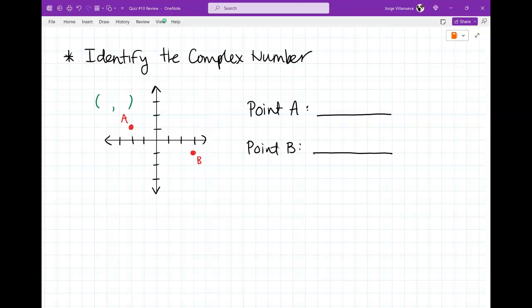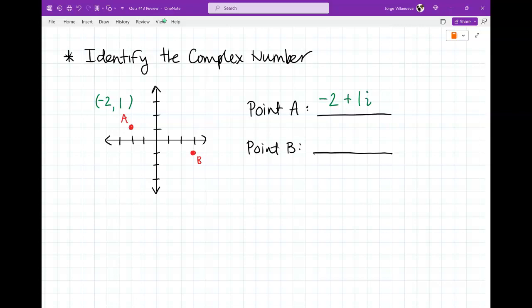What is my coordinate for that? Negative 2, 1, okay. So then all you have to do is the negative 2 goes in the front, and then the 1 goes next to the i, and there you go. Negative 2 plus 1i.